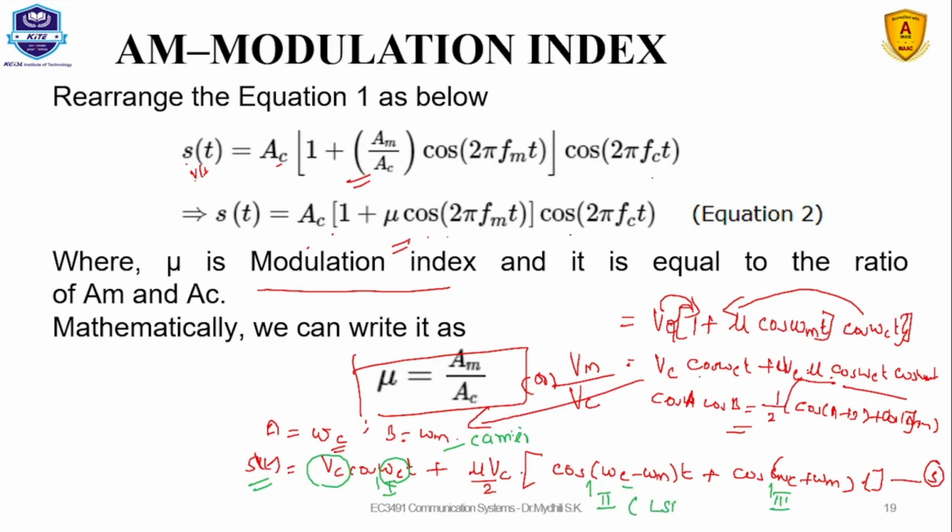So it is called the lower sideband or LSB. And with respect to omega c plus omega m, it has a plus sign, so it is the upper sideband. So we can say an amplitude modulated signal has three components, which are called carrier, lower sideband, and upper sideband.